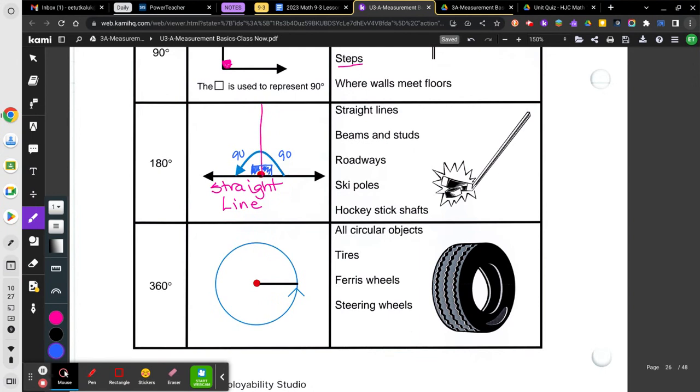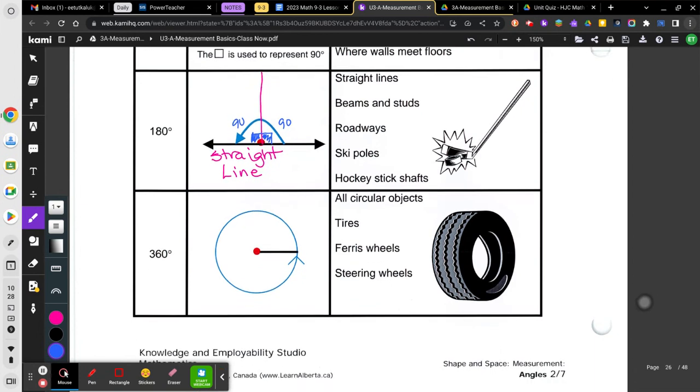Okay? So we have straight lines, we have beams, roadways, ski poles, hockey sticks, brooms, anything made with a straight line. We have the legs of your desks and chairs. Those are all straight lines, 180.